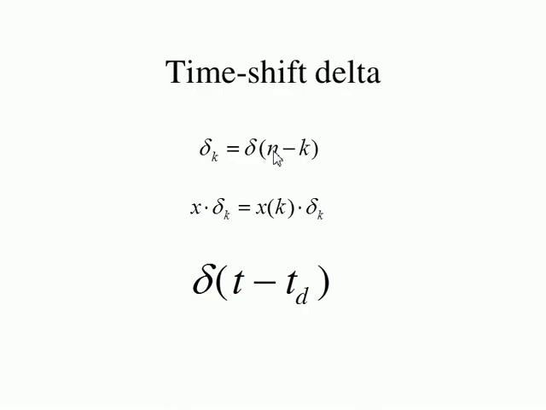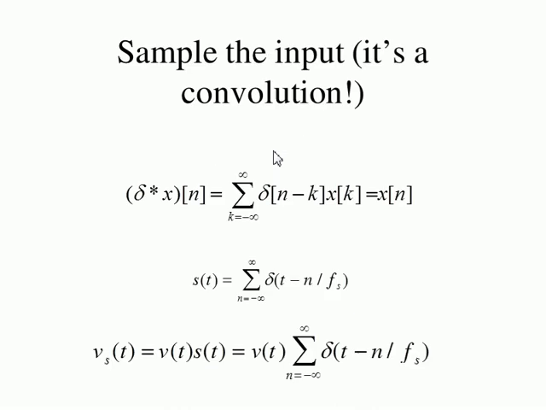So if you were to do a convolution-based explanation of how sampling occurs, what you're doing is a time-shifted sequence of impulses across a switch which samples an input signal, and that is a kind of convolution. And that convolution does the sampling.